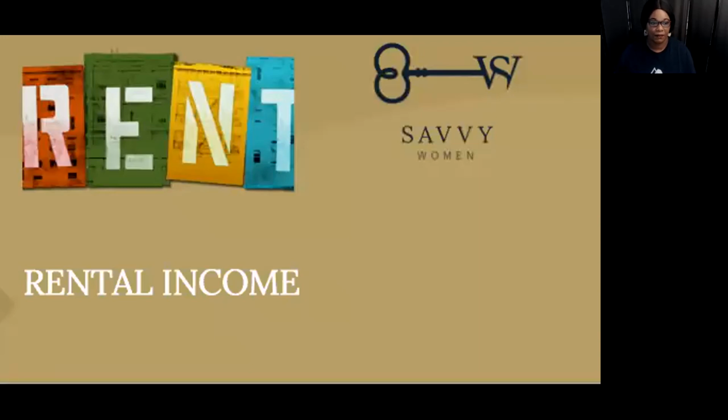Rental income. The process of searching for an investment rental property can be very exciting. However, before you get too excited, it is important to run the preliminaries and run the numbers to make sure that everything stacks up. Make sure you know exactly what you're getting into so that you have a successful investment.